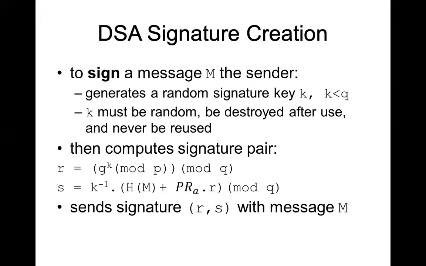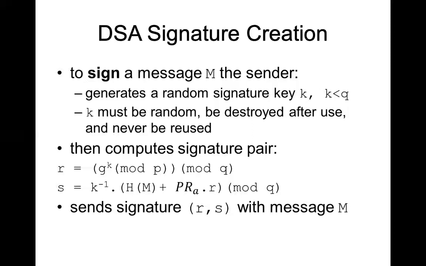So the signature is computed like this. R is computed as g power k reduced mod p mod q. So R is something that depends on k. Okay, and S is k inverse. I'll tell you in a minute. It's in fact the multiplicative inverse of k mod q. Okay, so what is the multiplicative inverse of k mod q?